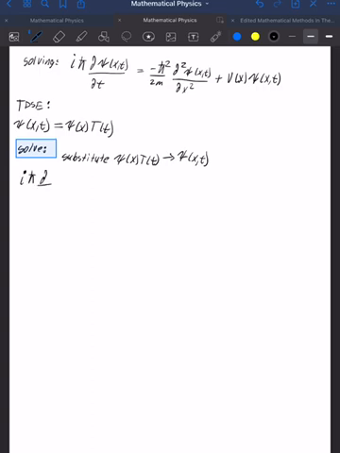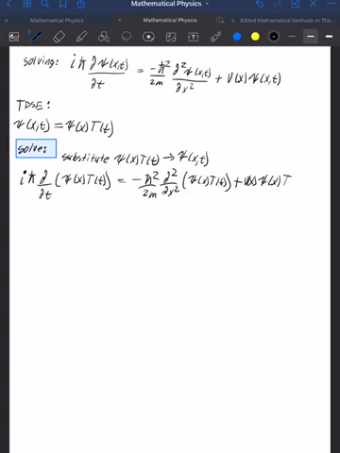So i h bar partial t of psi of x T of t is equal to minus h bar squared over 2m partial x squared of psi of x T of t plus V of x times psi of x times T of t.